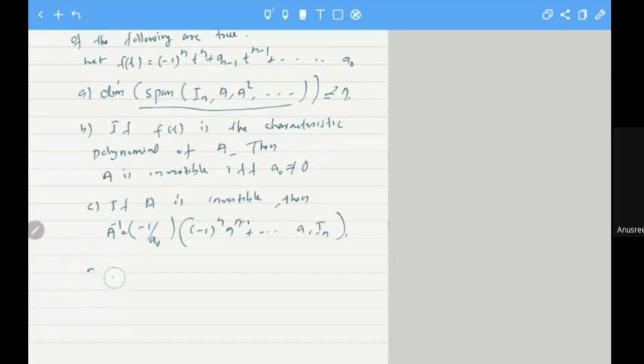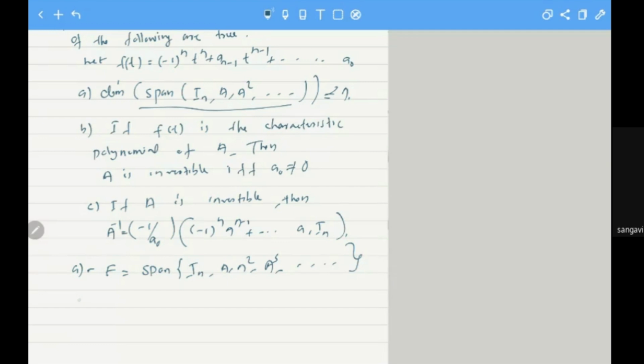Let's look at what is A. Consider the space F equal to the span of identity, A, A square, A cube, etcetera. Sorry. If A is not invertible, then option A is false.